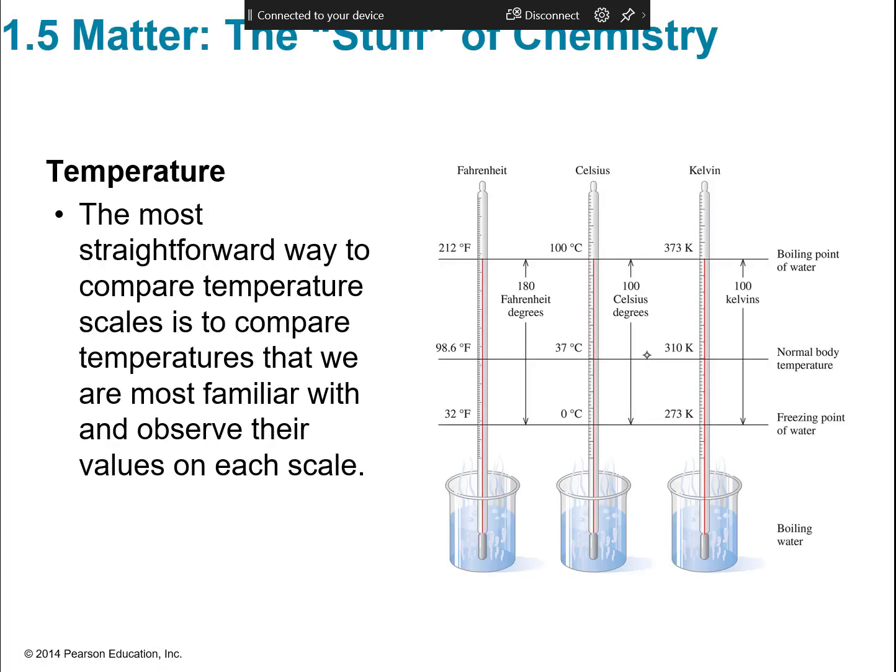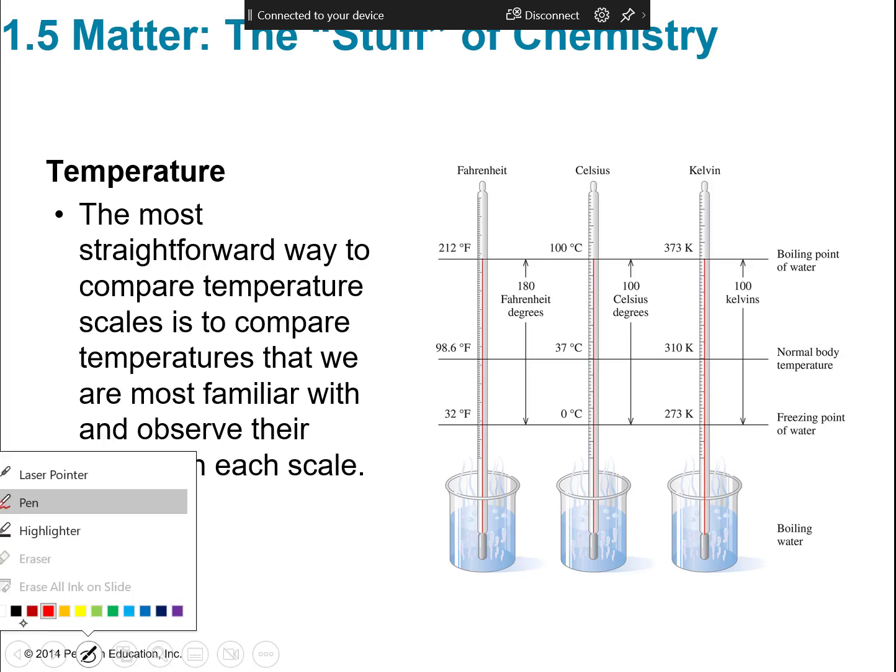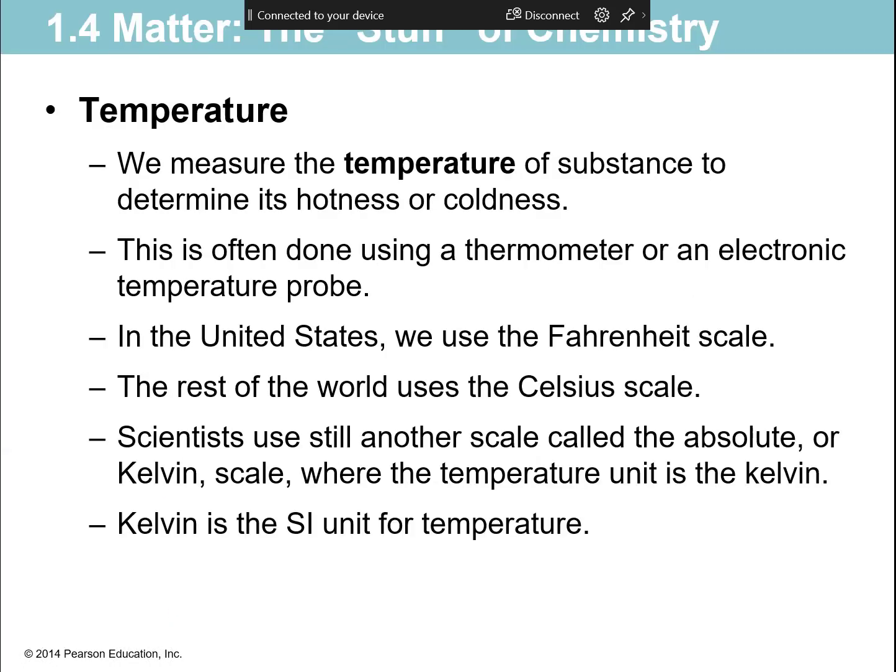We use Fahrenheit, and I will tell you that Fahrenheit was developed by using just environmental temperatures. So when it's 100 degrees outside, that is because that was consistently the hottest day in Europe. And so they said, oh, we're going to call that 100. And 0 was the coldest day.